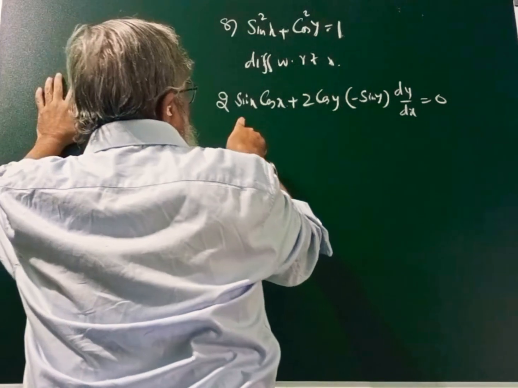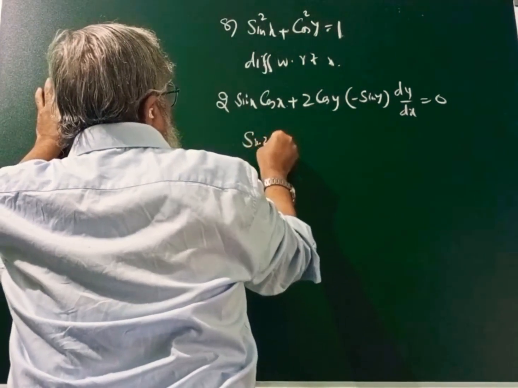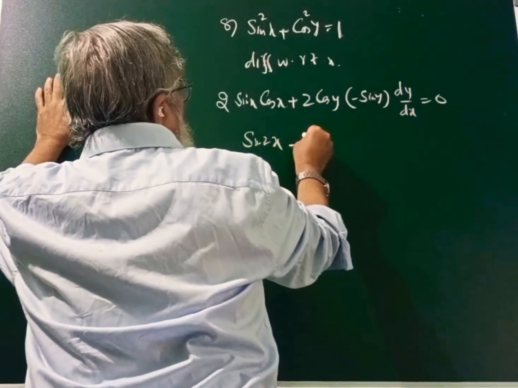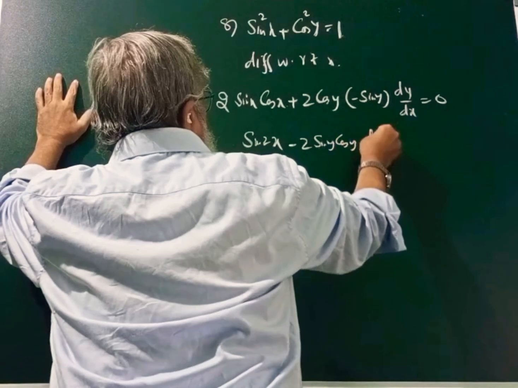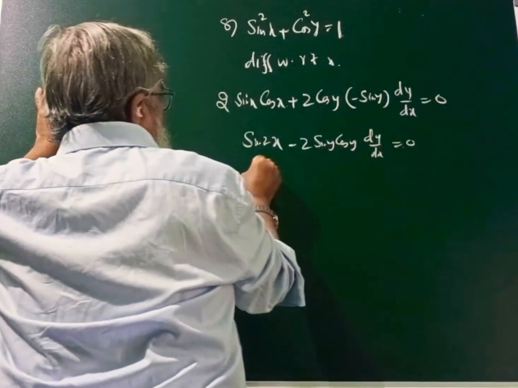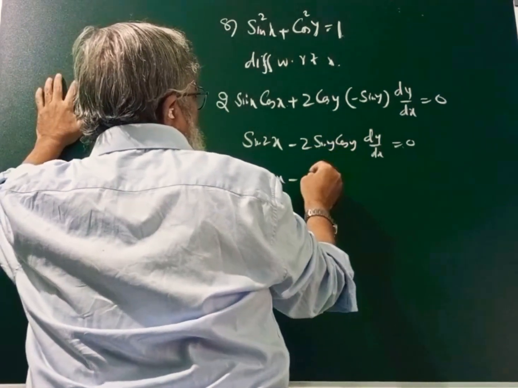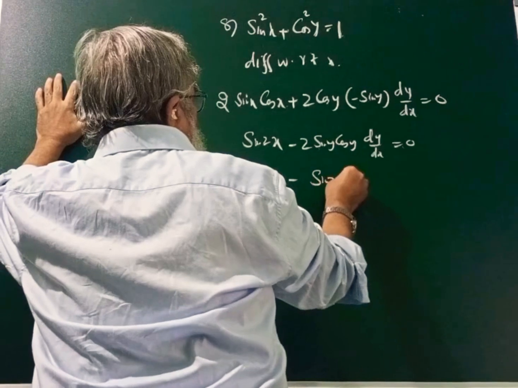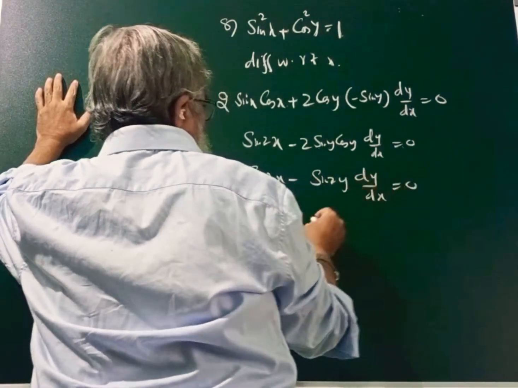Now you see here again 2 sin x cos x can be written as sin 2x, and here minus 2 sin y cos y into dy by dx is equal to 0. It is sin 2x, and here applying the trigonometric formula, minus sin 2y into dy by dx is equal to 0.